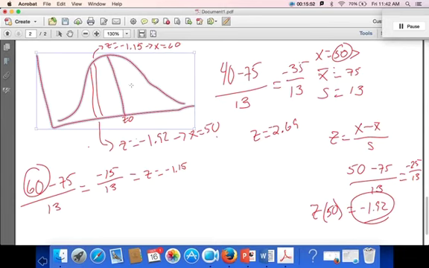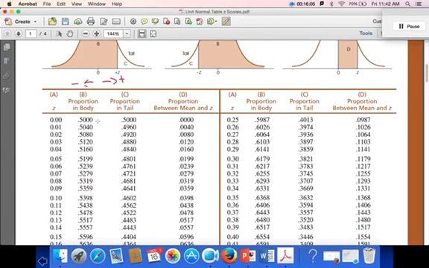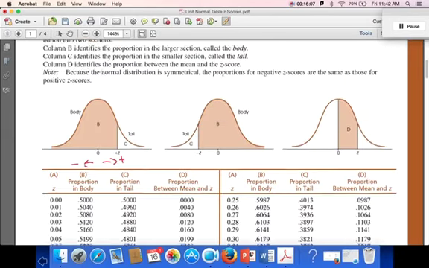Okay, and I know that sounds weird, like, how is that possible? We kept looking at column C, the proportion in the tail. Now you're telling me to look at column B, the proportion in the body, because that's what I'm telling you to do now. I'm telling you to look at this area here, right?